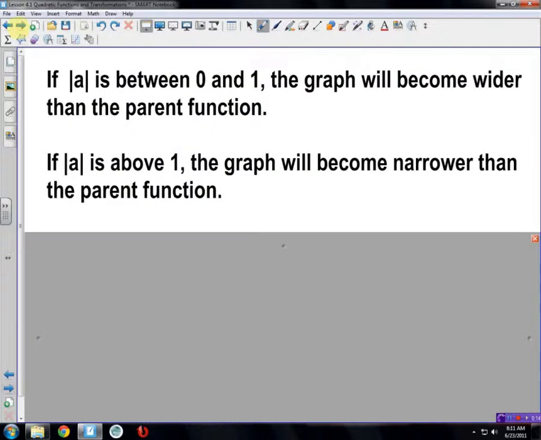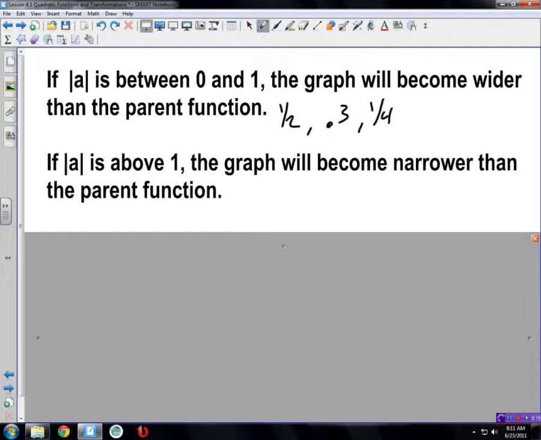Now, we also talked about wider and narrower. Right? So if we look at the absolute value of A, which just means I don't care if it's positive or negative, I'm just looking at the magnitude of this number. If it's between 0 and 1, that's numbers like 1/2, 0.3, 1/4, the graph will become wider than the parent function.